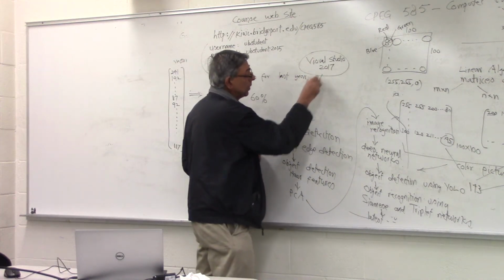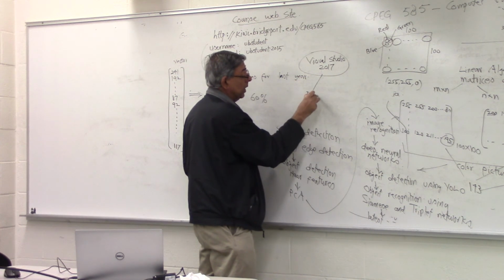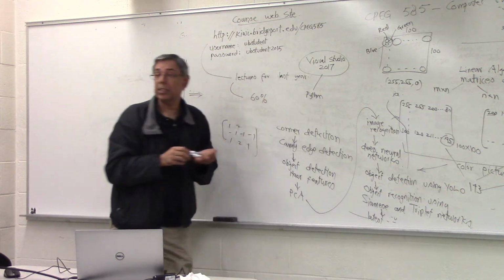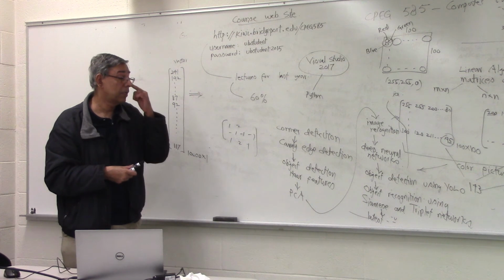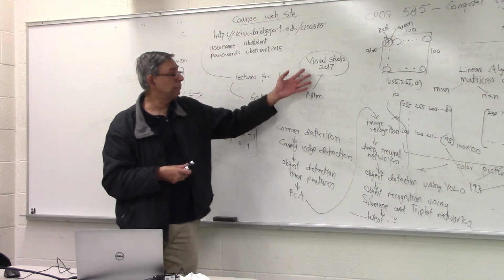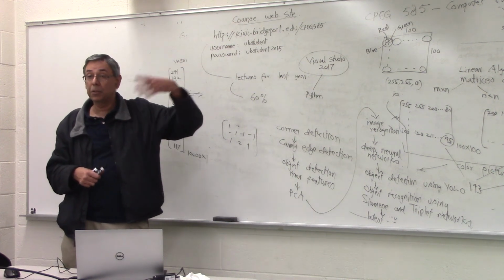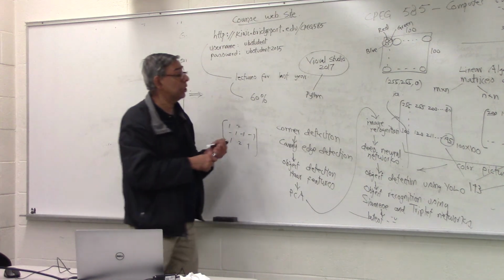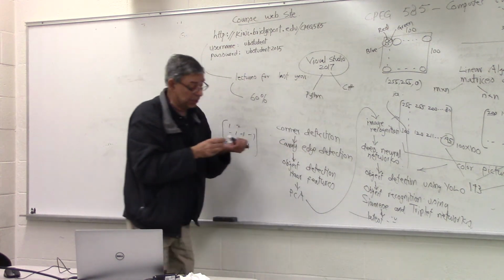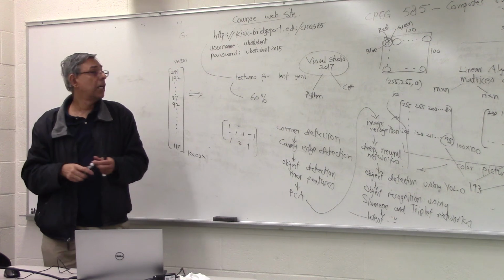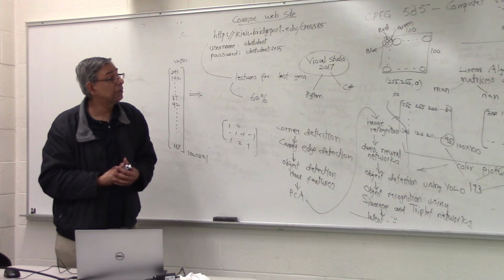You don't have to use Visual Studio for Python, though I prefer Visual Studio for Python as well. So a lot of the setup instructions and the code I'll provide will be based on Visual Studio. But if you're used to some other environment, PyCharm or something, I'm okay with it. But for C#, you don't have a choice. You have to use it. There's no other IDE for it. So at least have it ready so that you can see my code once I give you examples.